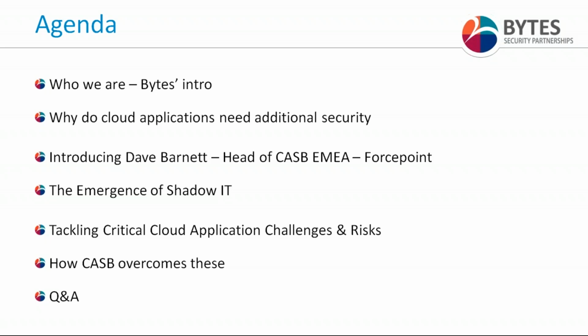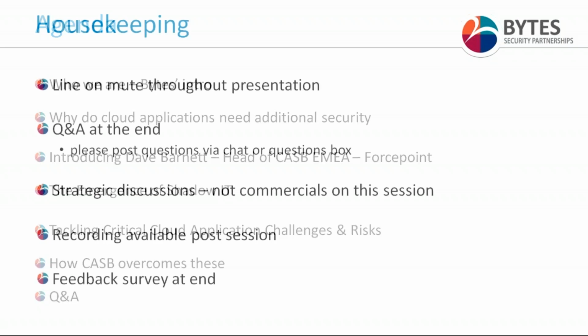I will be introducing Dave from Forcepoint, and he'll be taking you through the crux of today's presentation, looking at the emergence of shadow IT as a critical attack vector, looking at strategies and solutions that businesses can adopt to tackle application risk and challenges when developing the cloud, and then walk you through how CASB can be used as a powerful tool in the security arsenal to overcome many of these cloud challenges.